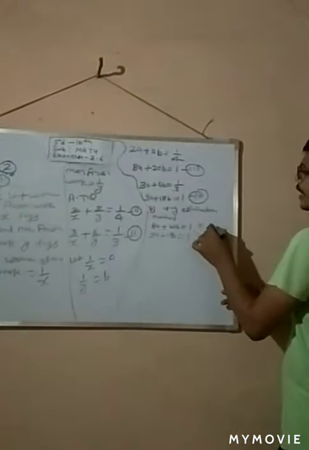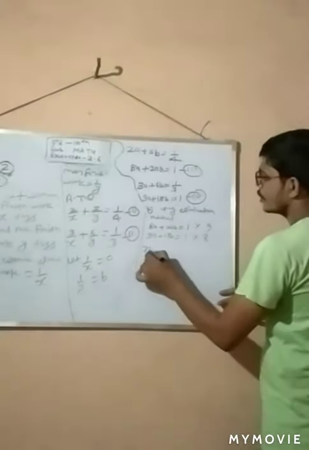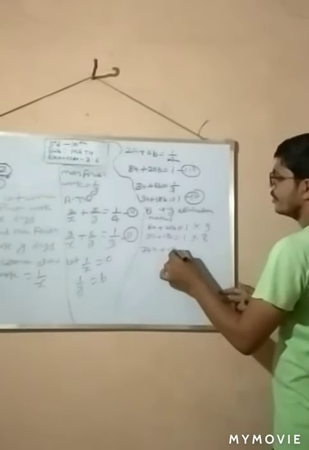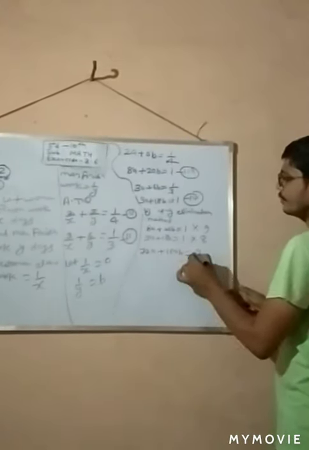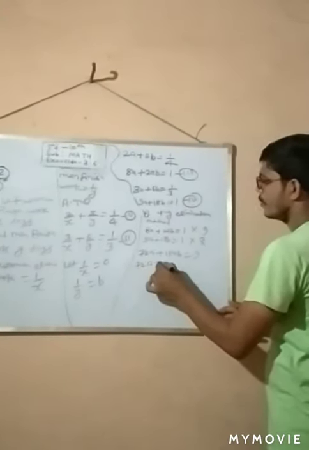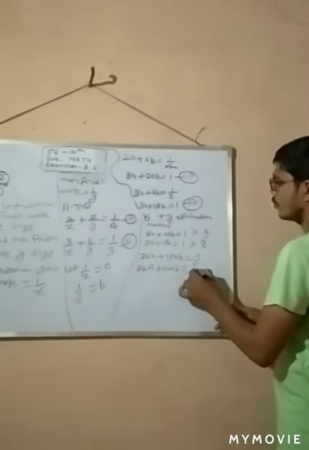Multiply the first by 9 and the second by 8. Now 9 8s are 72A plus 9 20s are 180B is equal to 9. And 8 9s are 72A plus 8 18s are 144B is equal to 8.